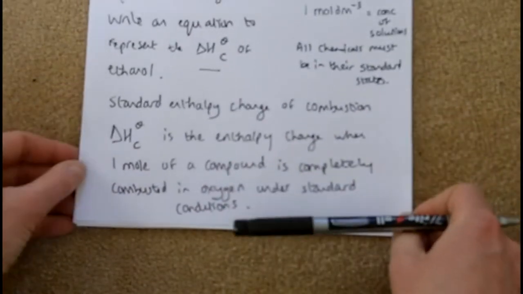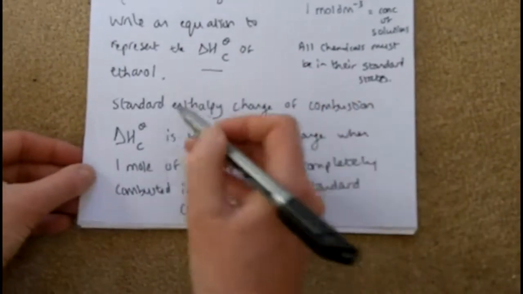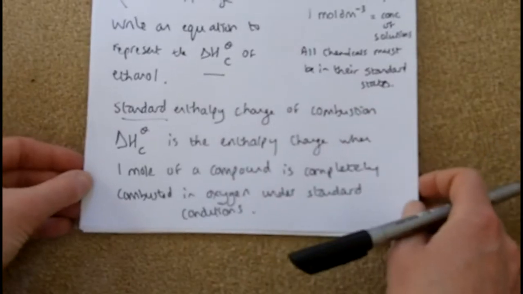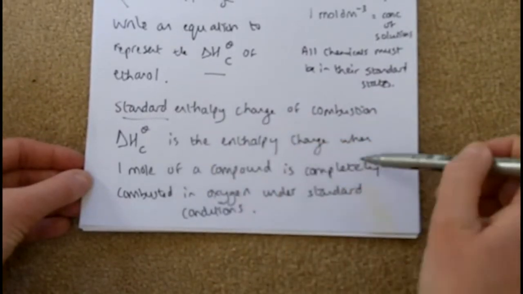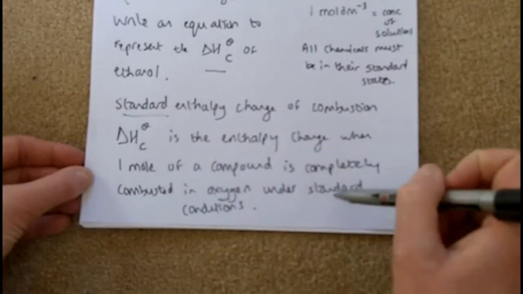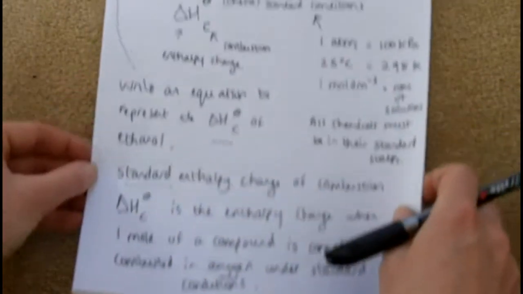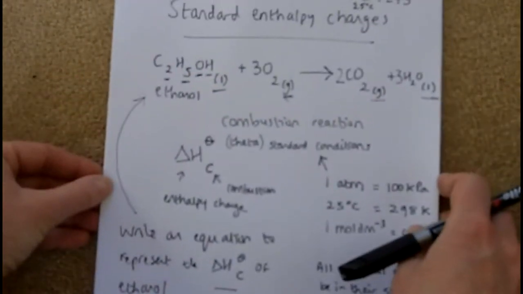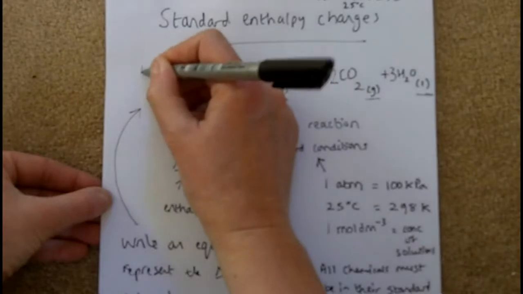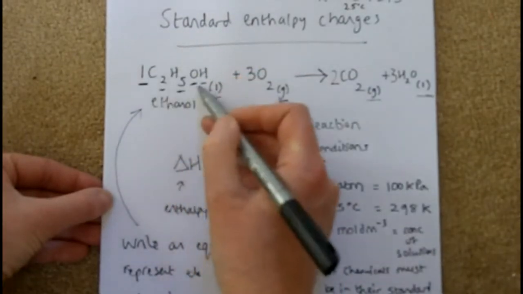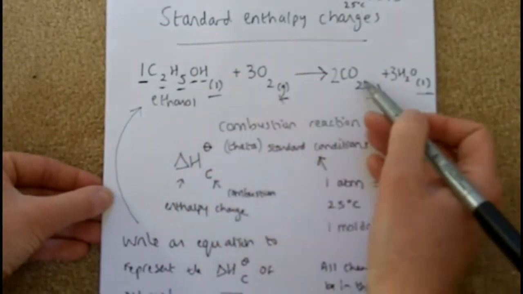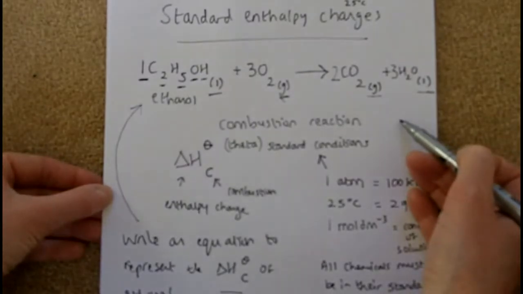Okay, so standard enthalpy change of combustion is the enthalpy change when 1 mole of a compound is completely combusted under standard conditions. So when you go back to the equation, you see that 1 mole of the chemical is completely combusted under standard conditions.